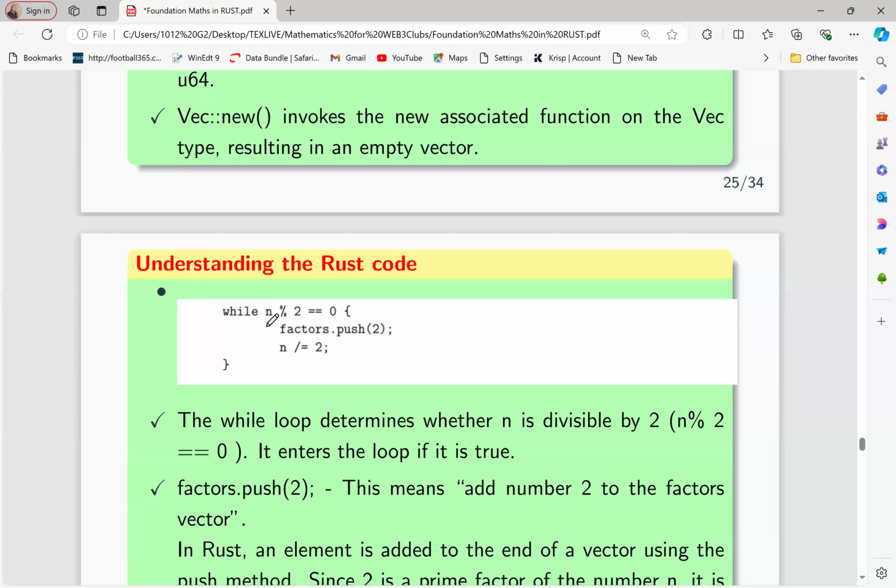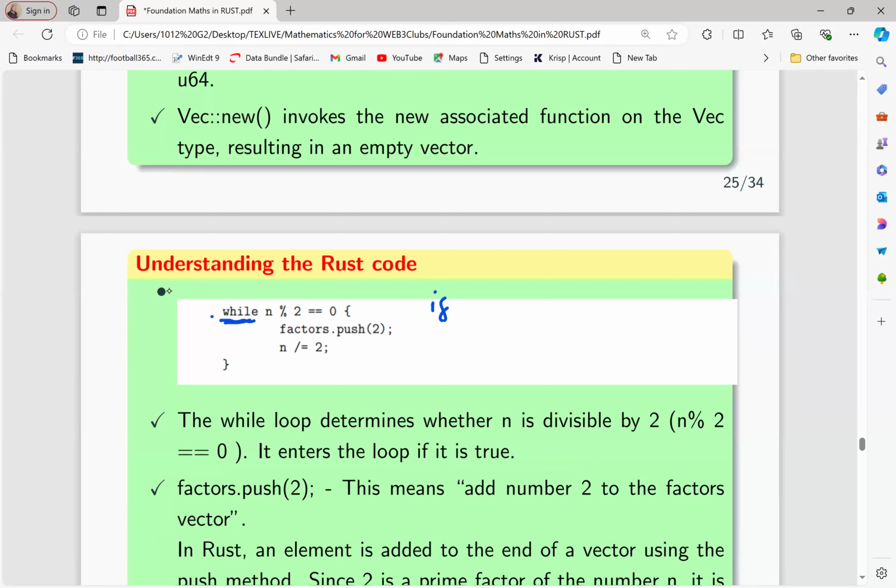Now, this part I had already explained. I had already said that this is a while loop, and I said you'll check and see different types of loops. We have the if, and you know when that one is used, and we have this while loop. And so what that means is that the number is coming in.